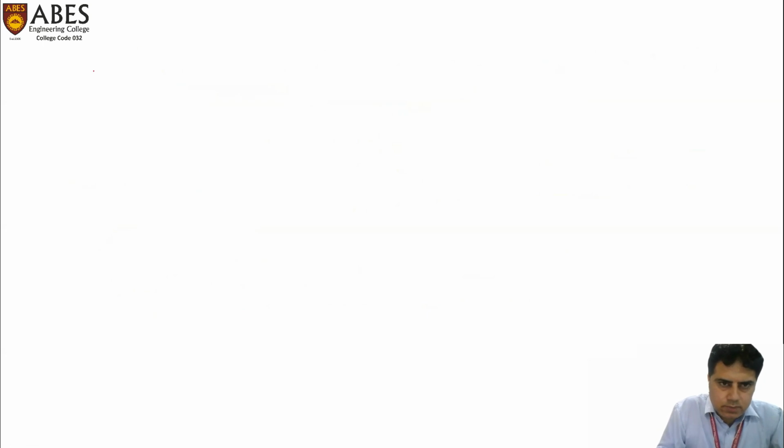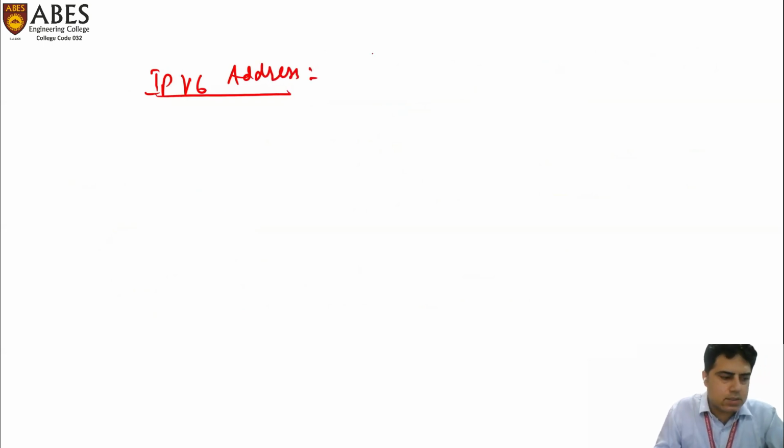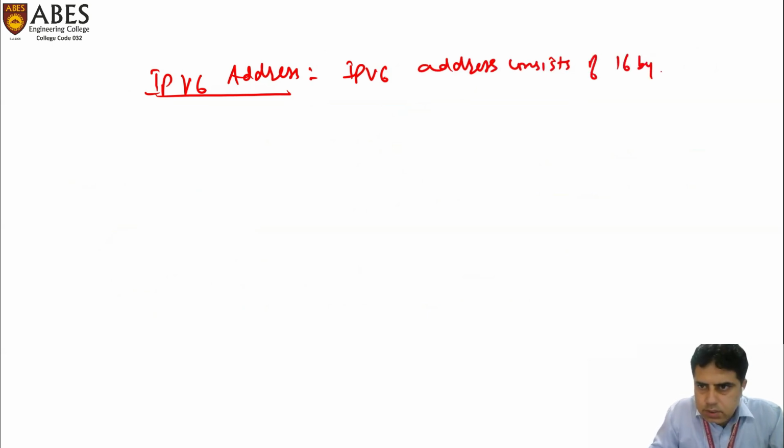So next we will understand what is an IPv6 address, and how we represent IPv6 addresses. IPv6 addresses consist of 16 bytes or 128 bits.